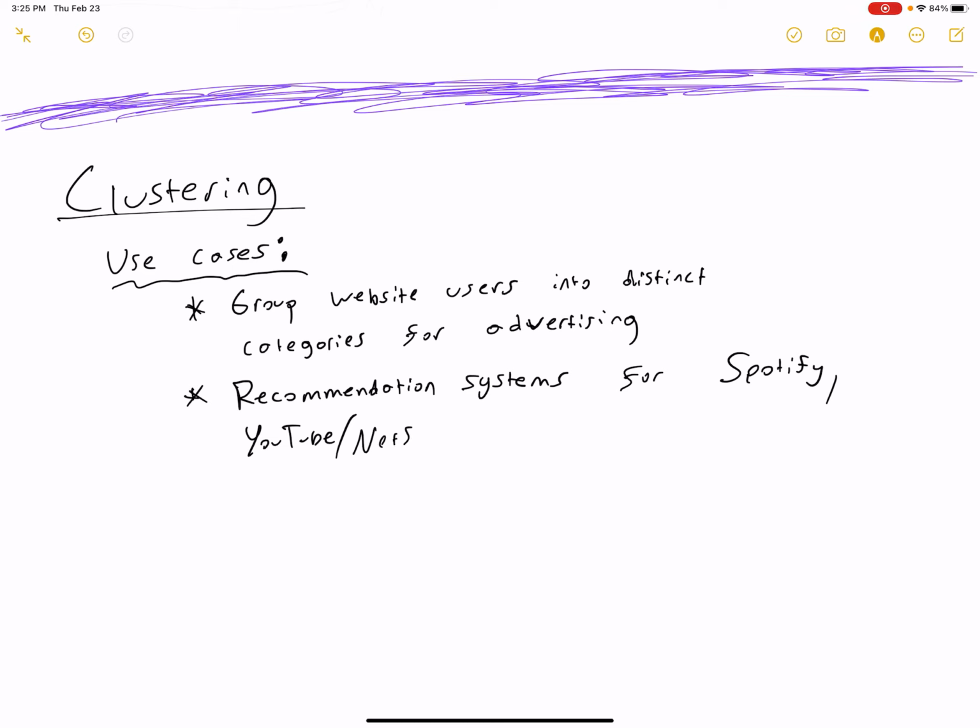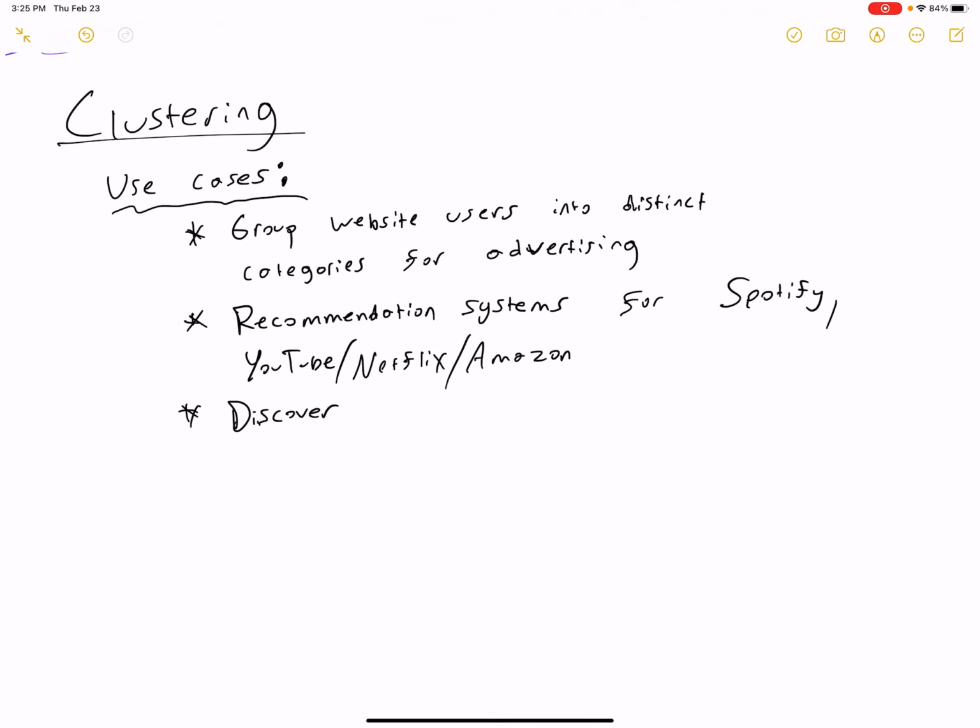Or Netflix, or Amazon, same thing, but for items you could purchase. You can use it to discover, so outside of the hyper-capitalist use cases, you can discover categories or subcategories in a bunch of things, including in science, and that's what I think is cool.